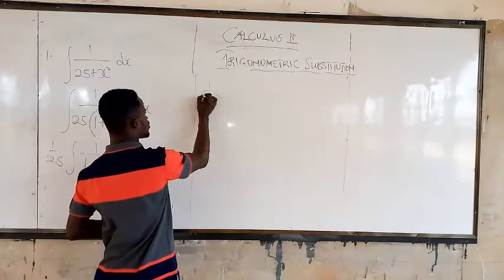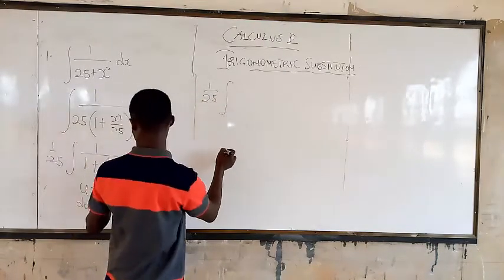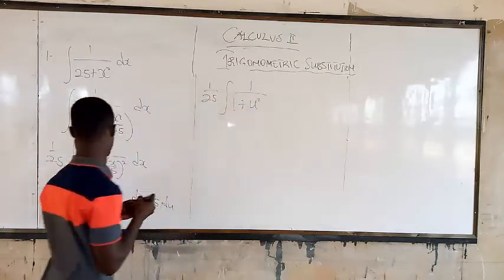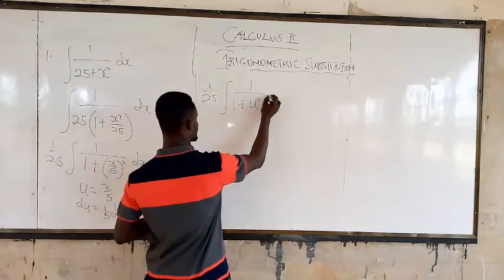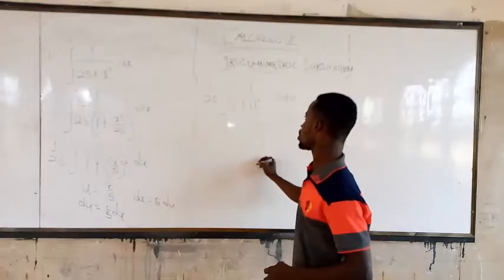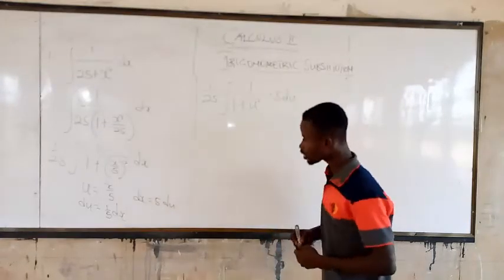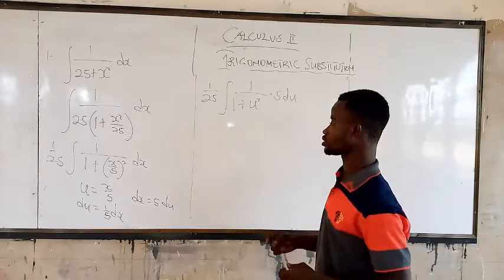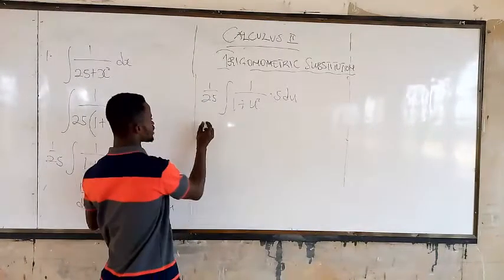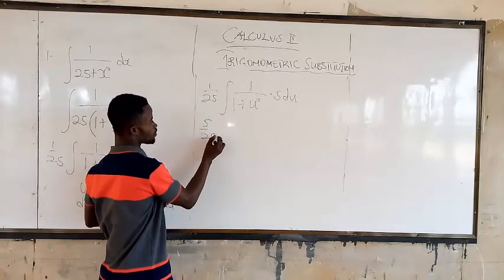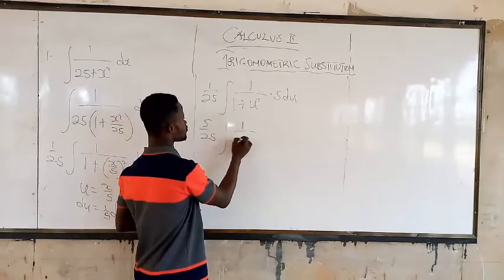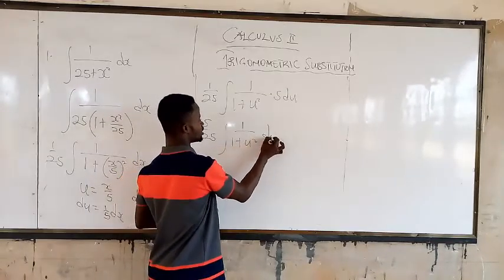So you get 1 over 25 integral of 1 over 1 plus u squared, and the ds is 5 du. Alright, 5 du. Good. So that is that. And we know that this will go to this. So we get 5 over 25 here, and the integral of 1 over 1 plus u squared du.